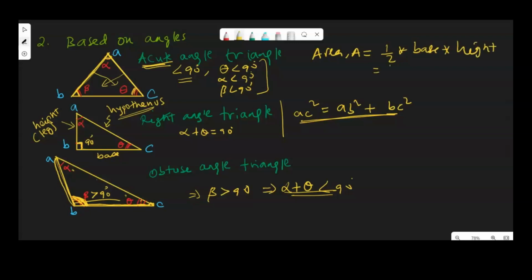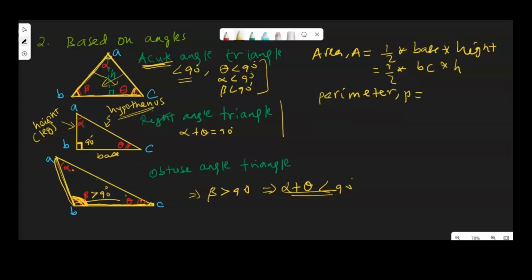So the base is BC, and for the height, we can draw a straight line all the way down at 90 degrees, which we can say is H, so times H, that's the area of an acute angle triangle. The perimeter P is equal to the summation of the three sides, AB plus BC plus AC.